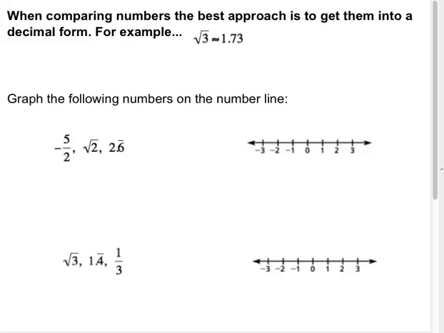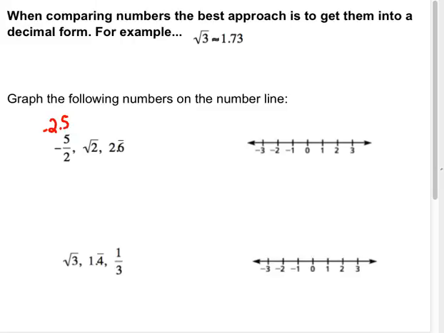So I could give you a list of numbers and then ask you to put them on a number line for me. Again, for making comparisons, something like putting them on a number line, decimals are going to be the easiest way to do this. So -5/2, I'm just going to type in the calculator, and that's going to be -2.5.